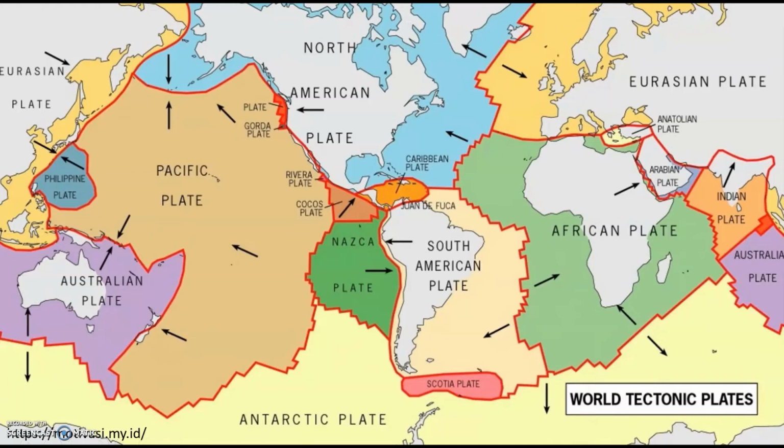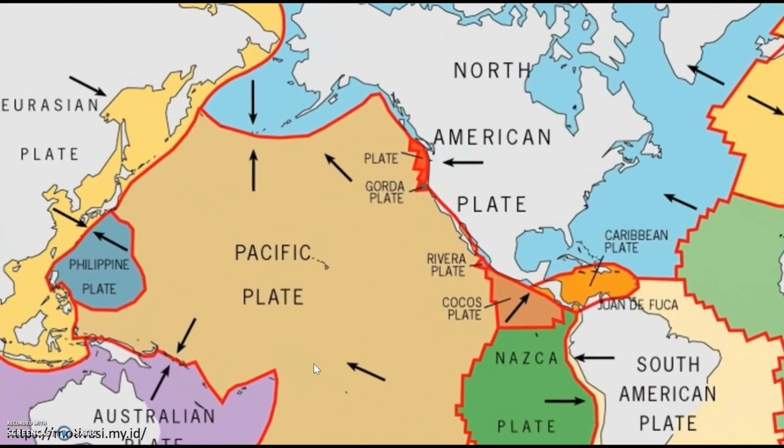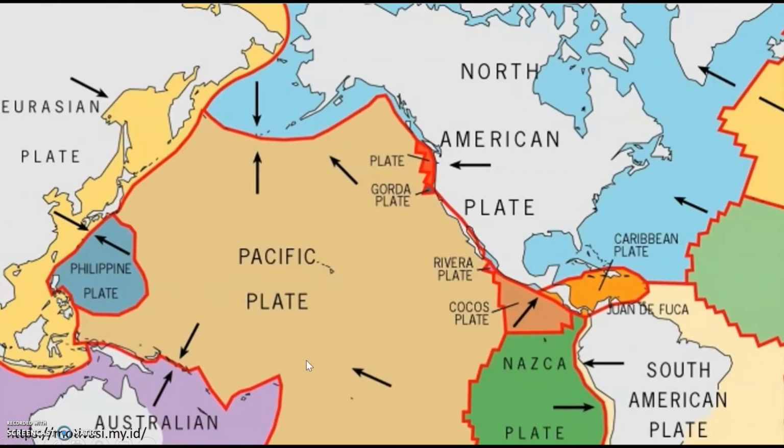Say your goal is to let students identify the types of plate boundaries existing on this map. You will be asking your students to identify the type of plate boundary between Pacific plate and Australian plate, or between the Philippine plate and the Eurasian plate.